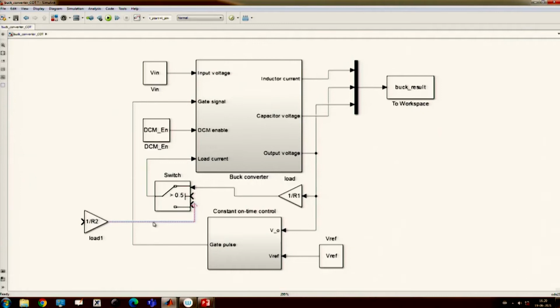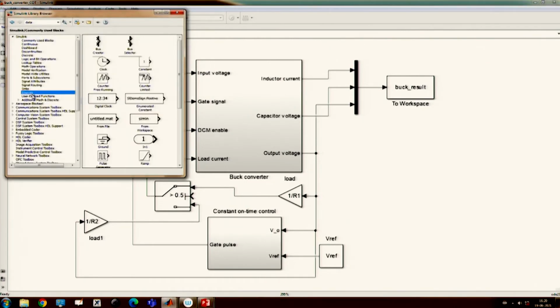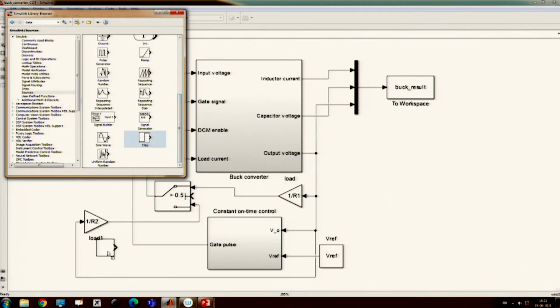Let us connect this for the load transient, and this should be connected to the output voltage. We need to provide a transient source, so we need to apply a step command, that means when do you want the transient.